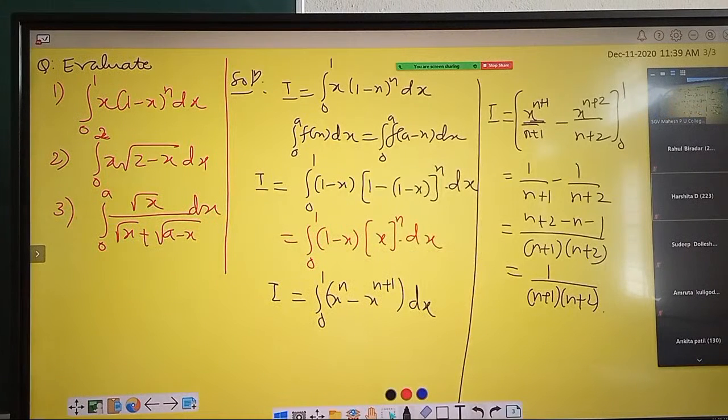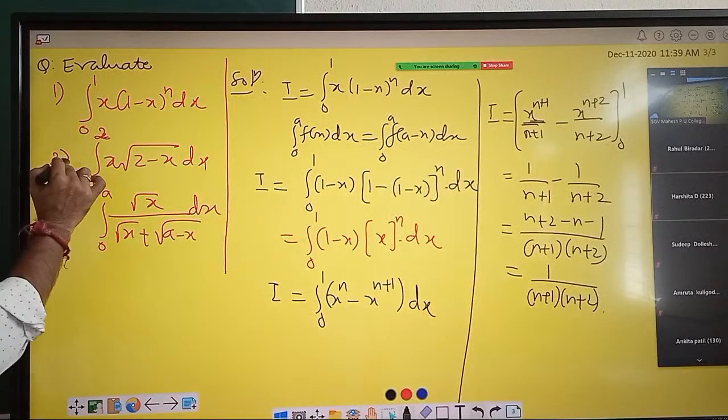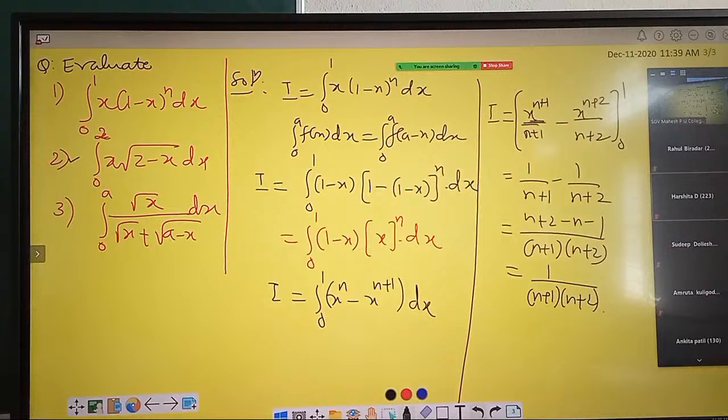Correct? Yes. So exactly the same thing we can do for the second, and the third one is a very easy problem.